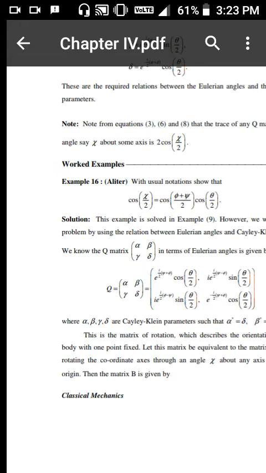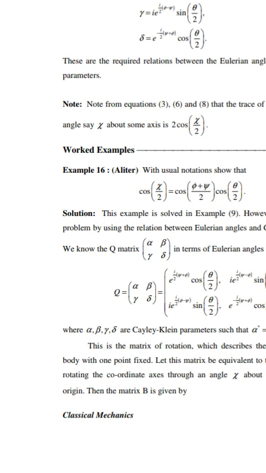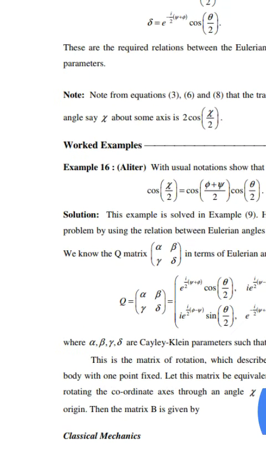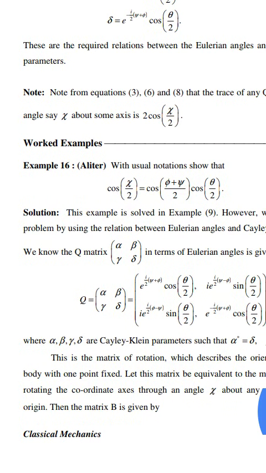Now see here, today I will discuss the examples on Euclidean angle and Cayley-Klein parameters. Example with usual notation, so that cos of phi by 2 is equal to cos of (phi plus psi) by 2 into cos of theta by 2.